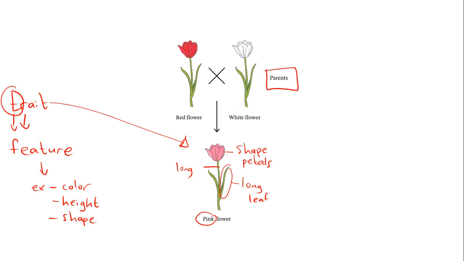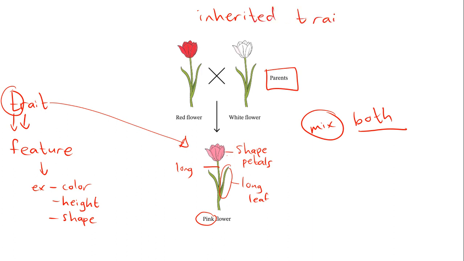A plant has traits that are a mix of both its parents. So both the parents' traits mix together to give you new traits in the plant. This is called inherited traits. So these things come from the parents.